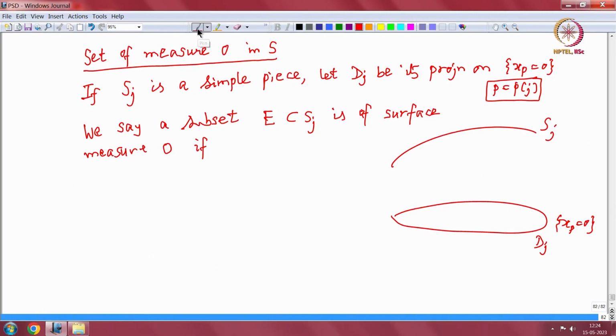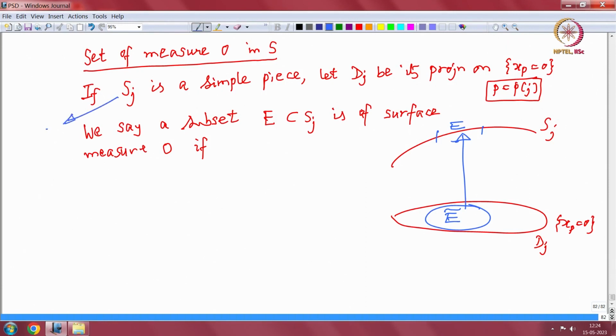Let me use different, so some piece. There is a corresponding set here, which you call E tilde, under that mapping that defines, there is a phi j here.